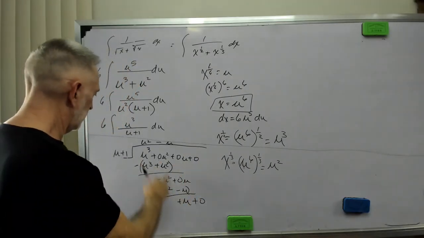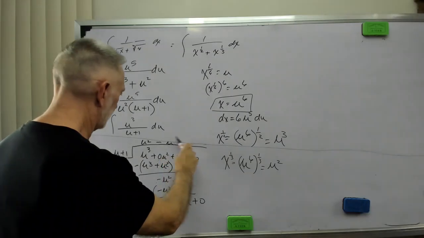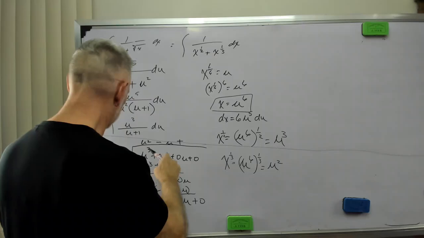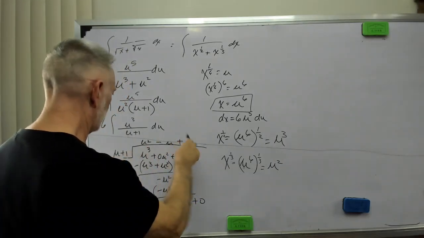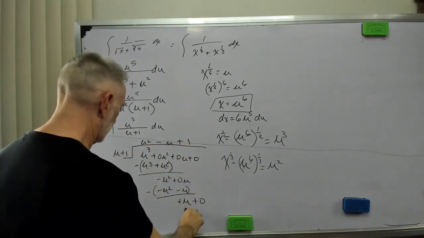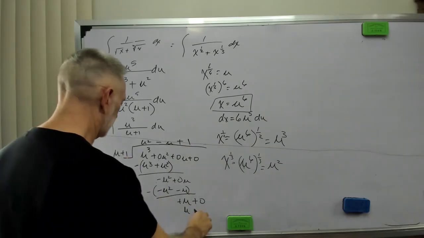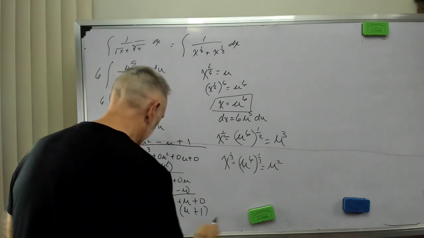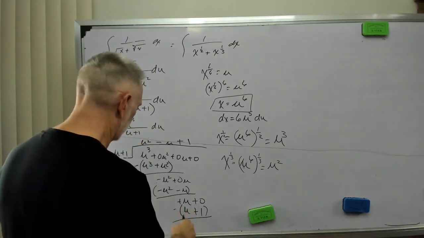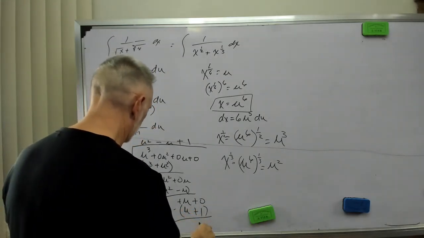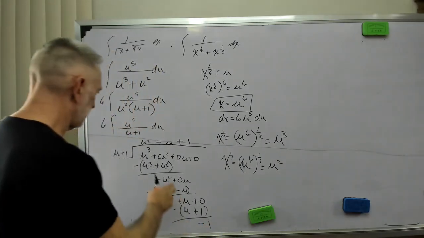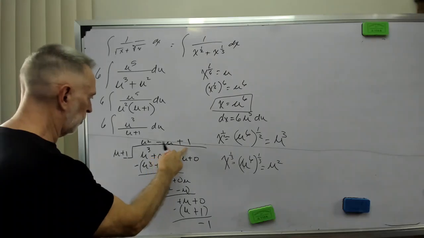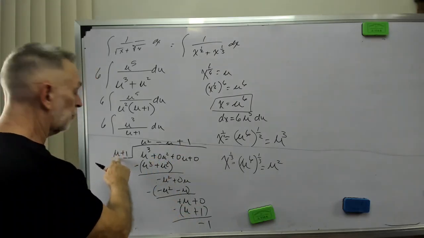Plus 1 times u would give me u. 1 times positive 1 gives me a 1. Parentheses around it because I am subtracting. u minus u cancels. 0 minus 1 gives me minus 1. So what do I end up with? u squared minus u plus 1 minus 1 over u plus 1.